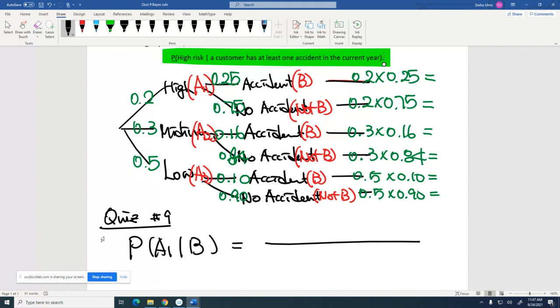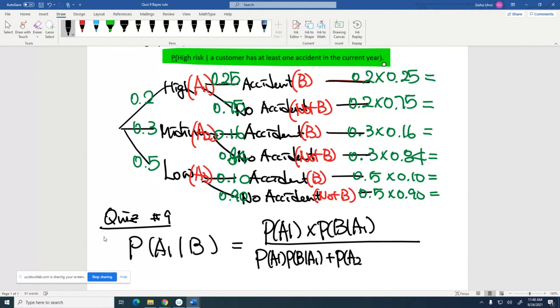We must apply the Bayes rule, which will be the probability of A1 times the probability of B given A1. Then in the denominator is the probability of A1 times B given A1, plus A2 times B given A2, plus probability of A3 times probability of B given A3.